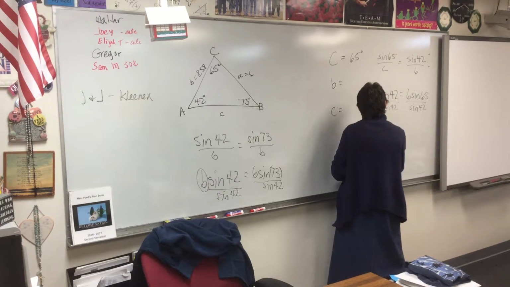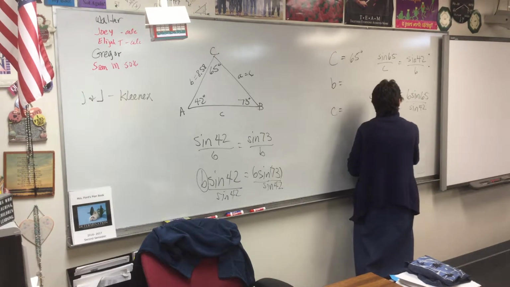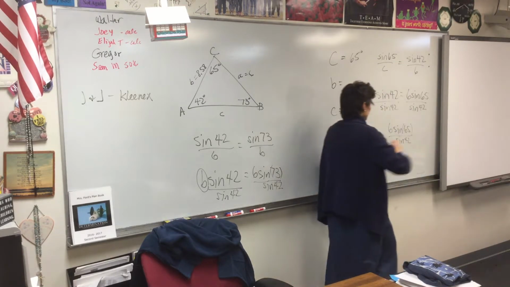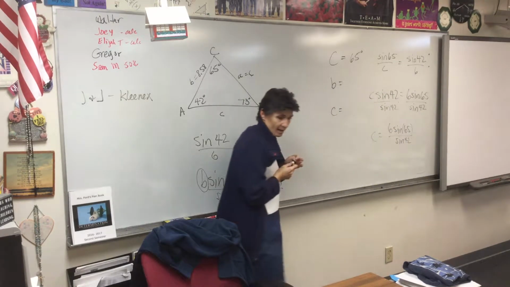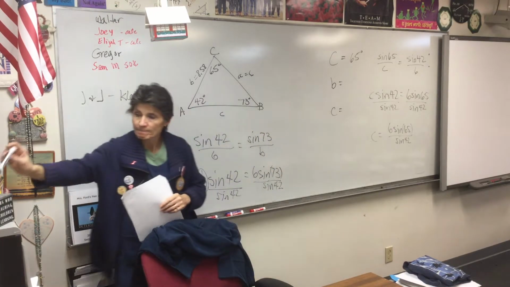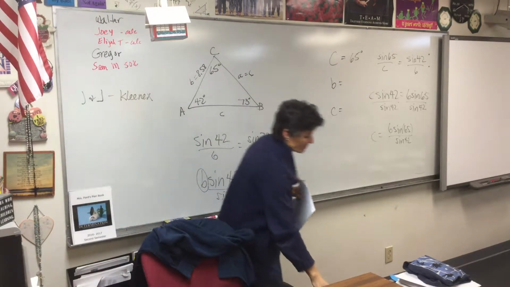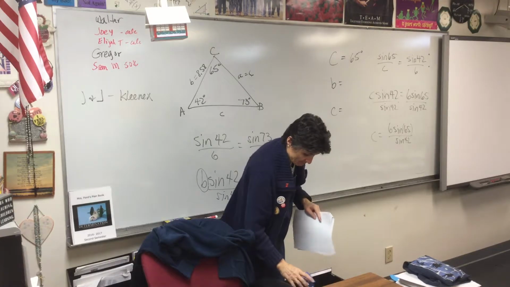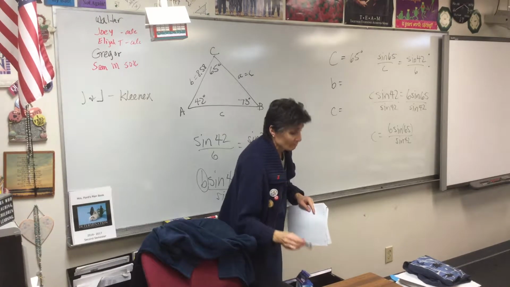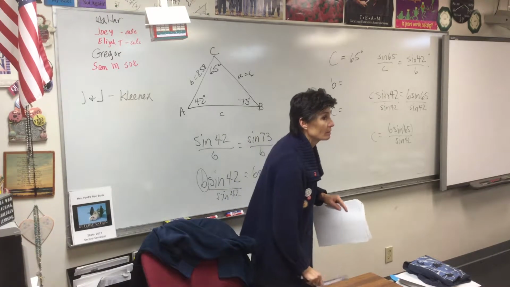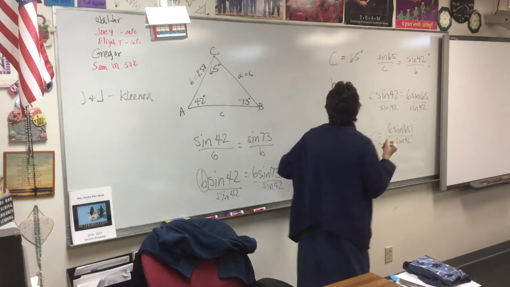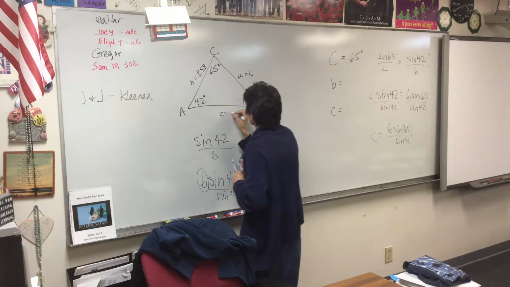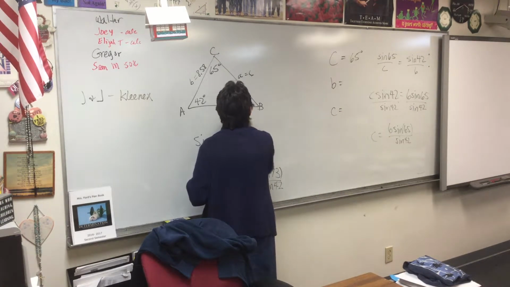And so someone, if you would please, type in 6 sine 65 divided by sine 42, remembering to close the parentheses around the 65. And what did you come up with? 8.15? 8.13.